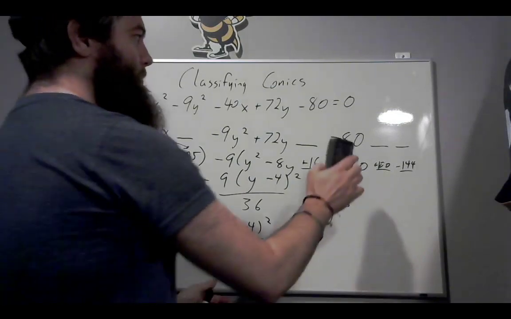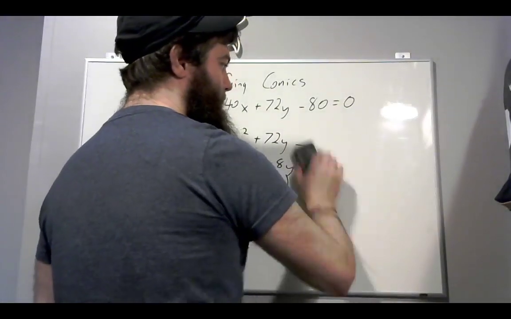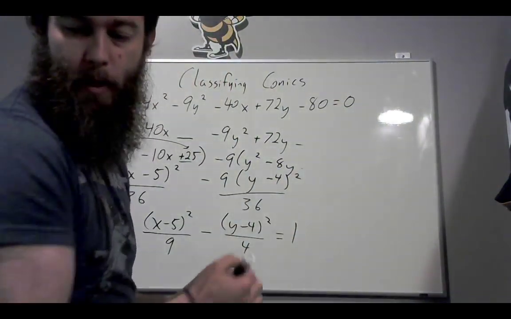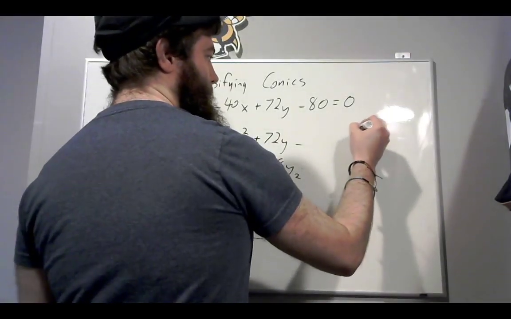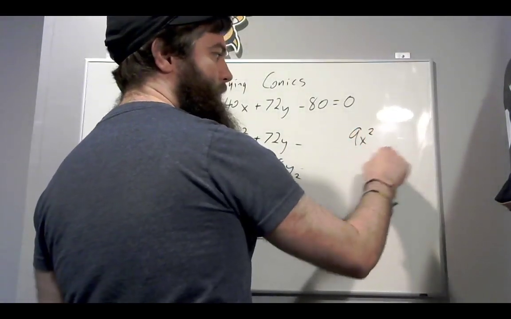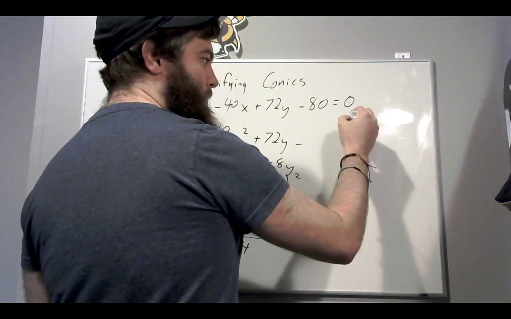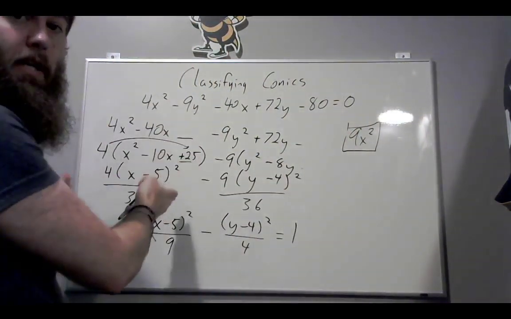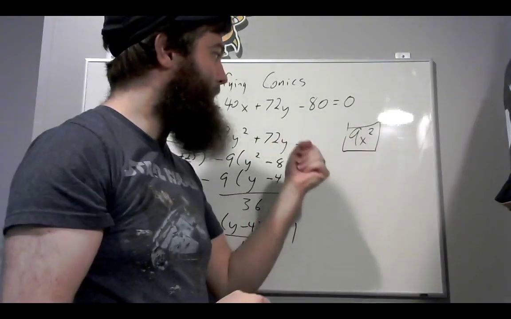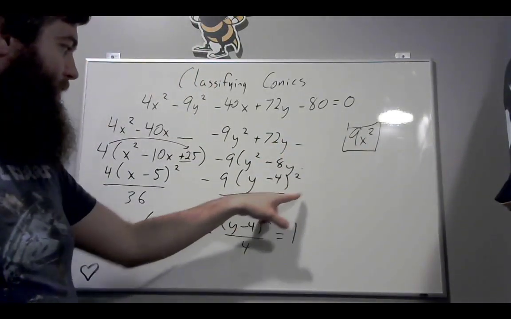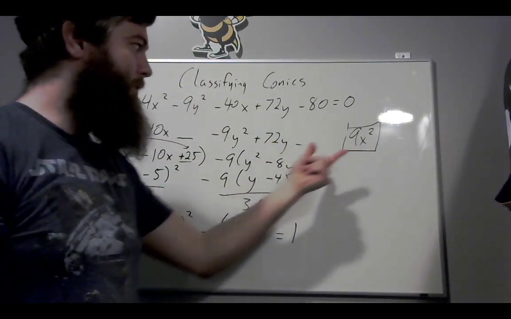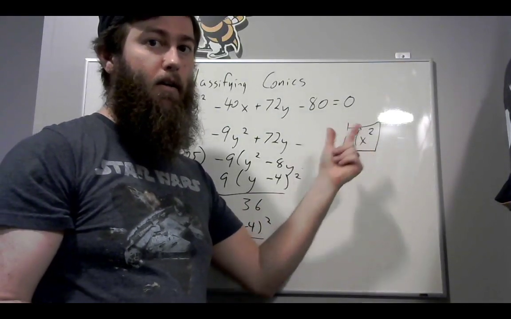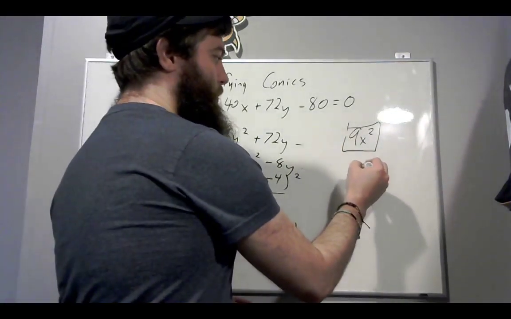If you had something like 9x squared and nothing else, well, this is the squared term, so you're done. You just keep it as is, and when you divide everything by that number, it would just divide out, and you would just have an x squared term.